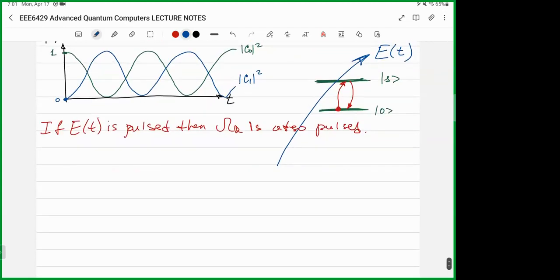And there are two important cases here. So the first one, let's call this the pi pulse.